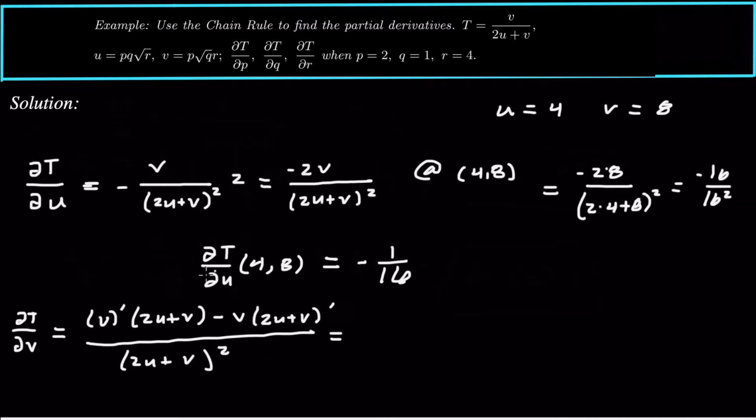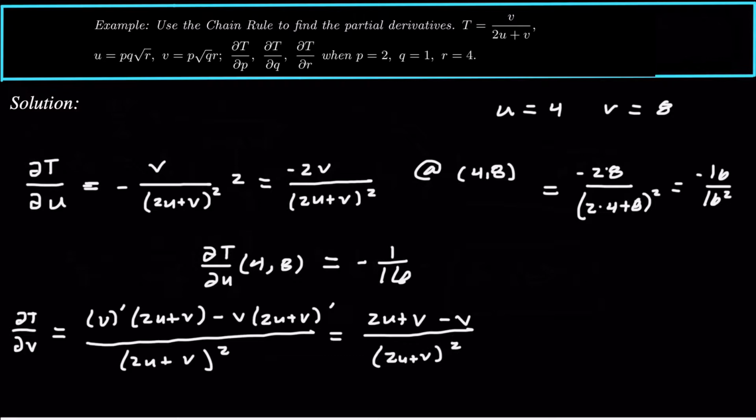Differentiating v with respect to v, we get 1, so that just leaves 2u plus v. Minus, differentiate the parentheses with respect to v, we just get 1, so 1 times v is just v, over 2u plus v squared.